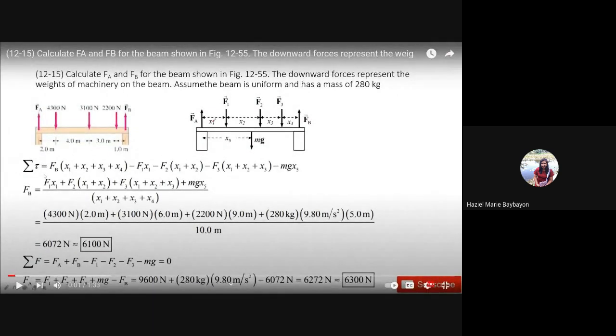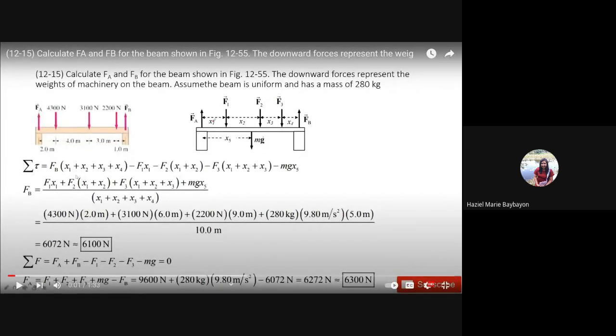Okay, so you have this one. Gisum up lang niya ang tanang torques. Okay, so you have summation of torque is equal to FB. This one, the force that is kini siya going up.